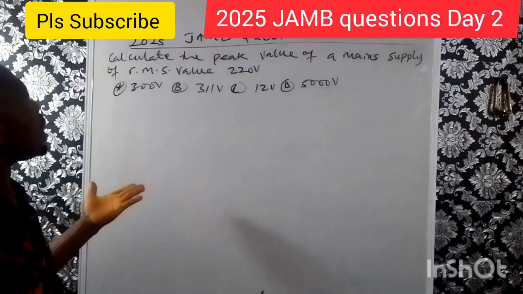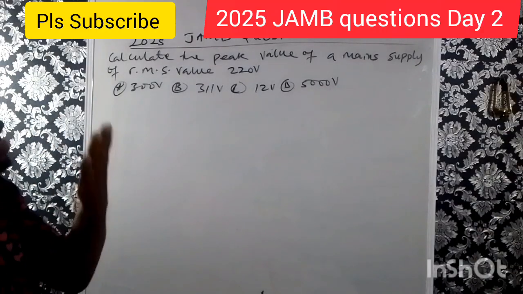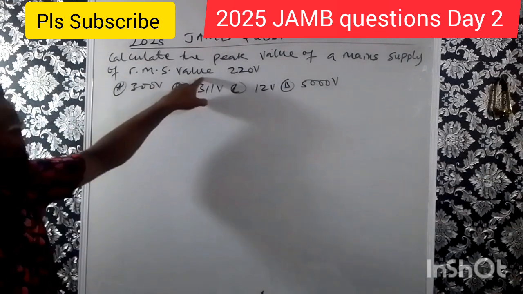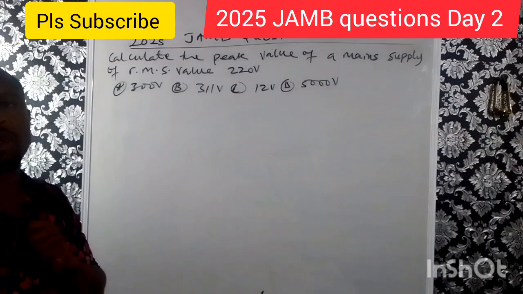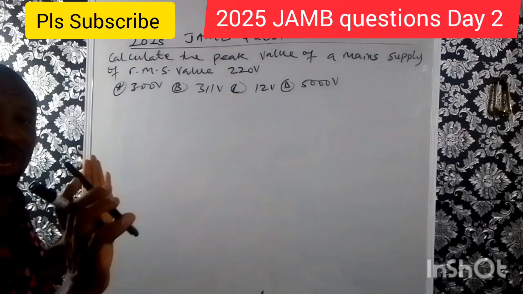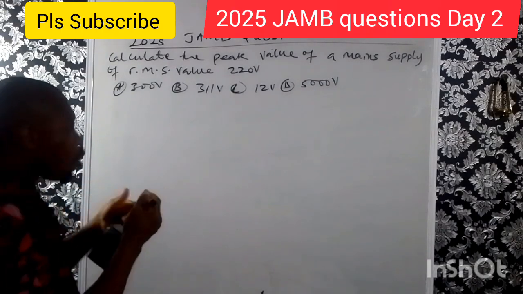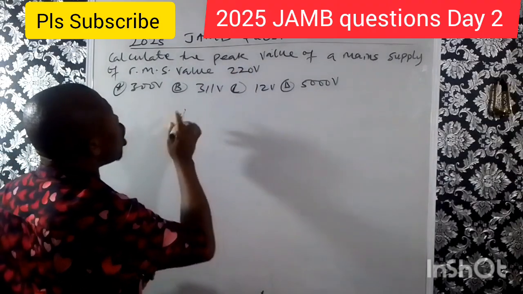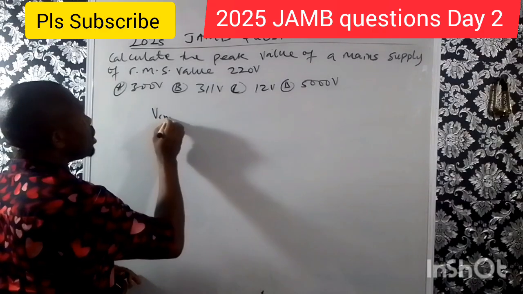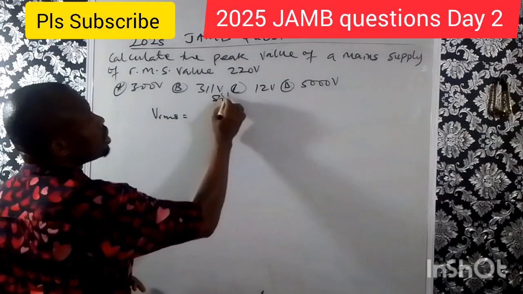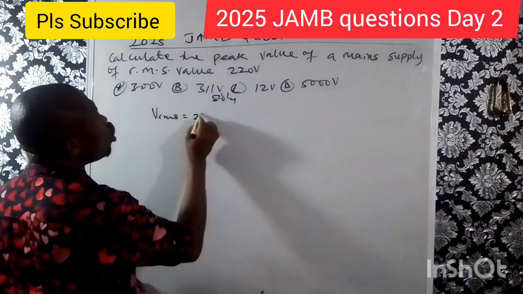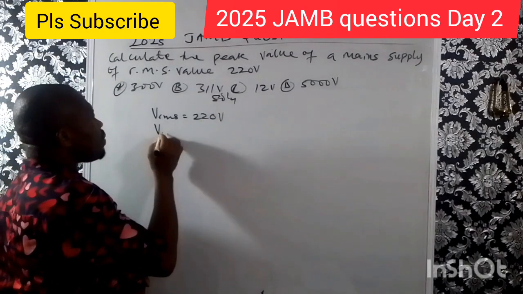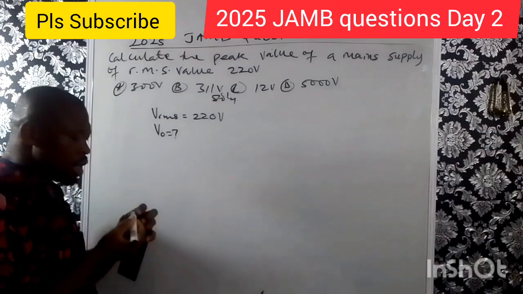This question says, calculate the peak value of the mains supply of RMS value 220 volts. Very simple, straight question. The only thing given to us is VRMS, which is 220 volts. The peak value is not given.